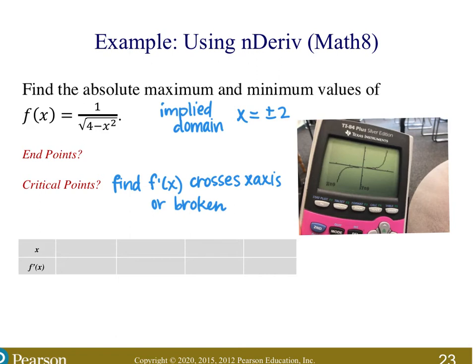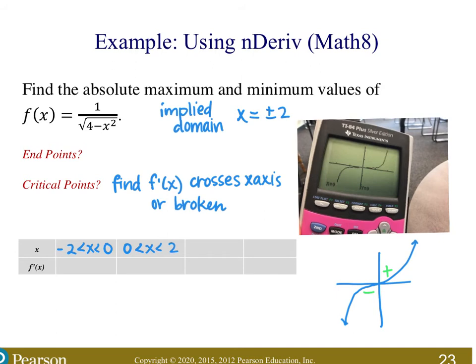All right, so my sketch here. Seeing that it comes like this, and this is a derivative sketch, and it's changing from a minus to a plus. All right, so we've got from negative 2, remember, that was part of the implied domain, up until 0 is where it looks like it crosses, and then from 0 up until 2.